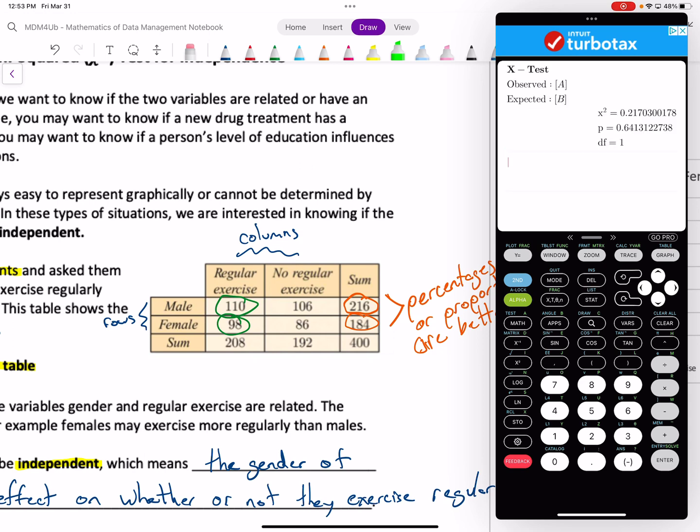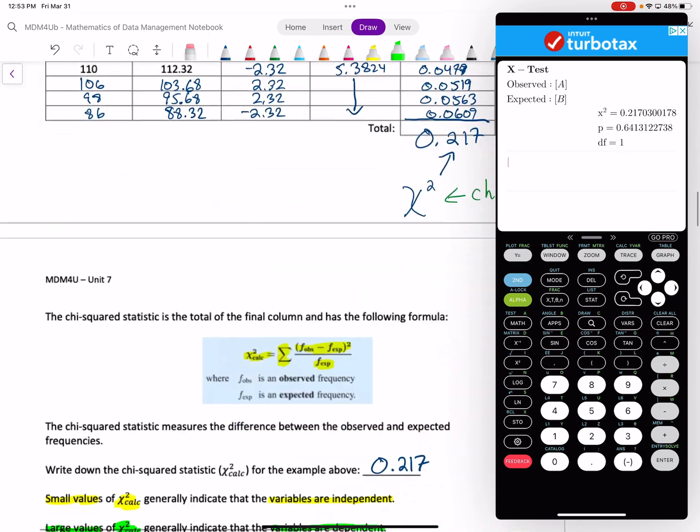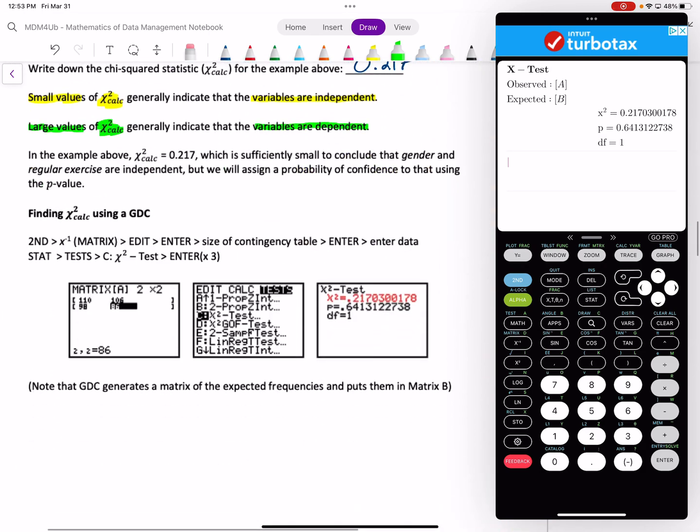It gives you the chi-squared value, as long as I inputted it correctly, of 0.217. That's what we calculated by hand. We're amazing. It also pumps out 2 other numbers. The p-value we're going to use. This other thing, df, we don't really need. It's called degrees of freedom. I don't care if you know what it is, but you don't really need it.